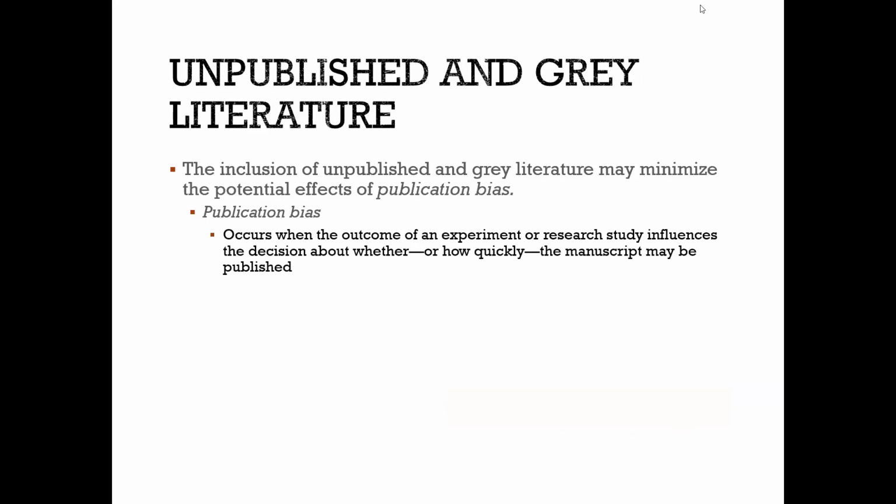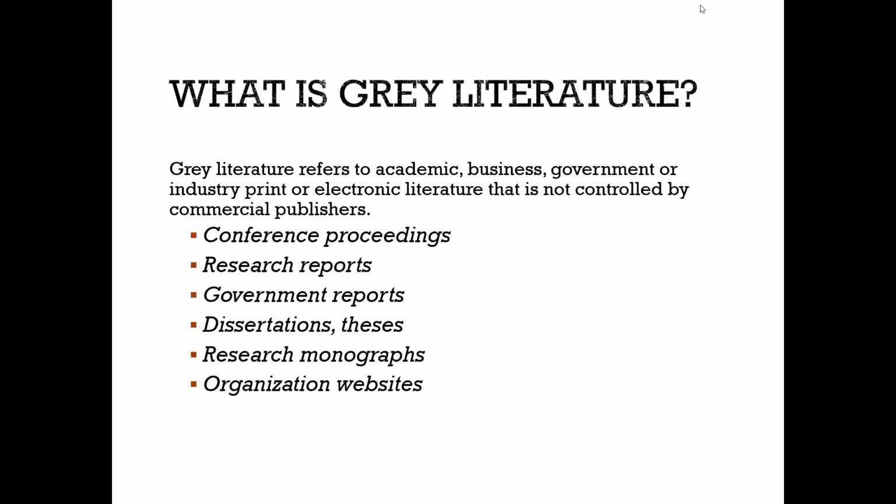Unpublished and gray literature. The inclusion of unpublished and gray literature may minimize the potential effects of publication bias. So what does gray literature mean? It refers to academic, business, government, or industry print or electronic literature that is not controlled by commercial publishers.